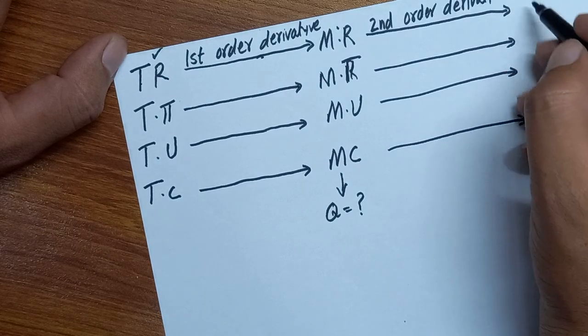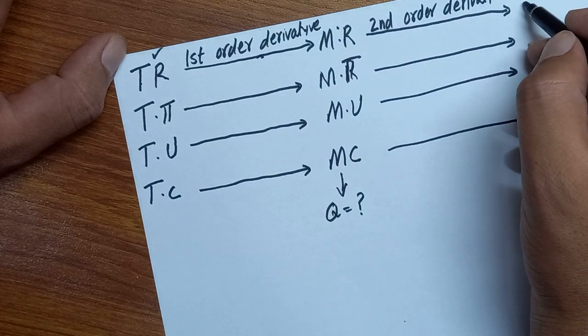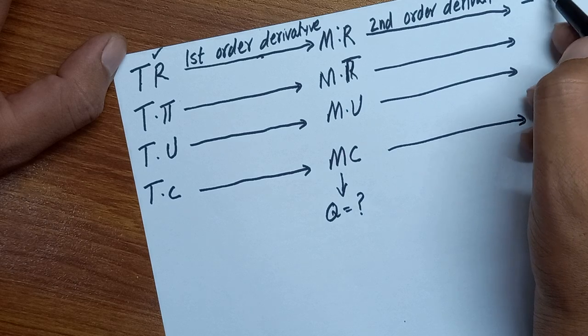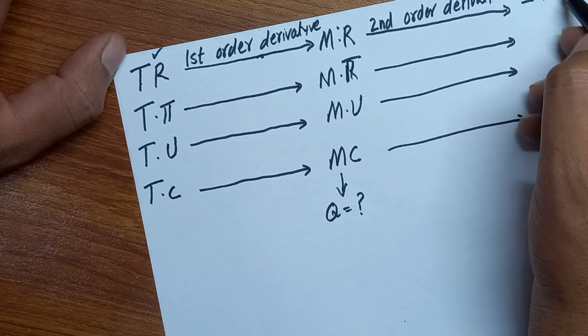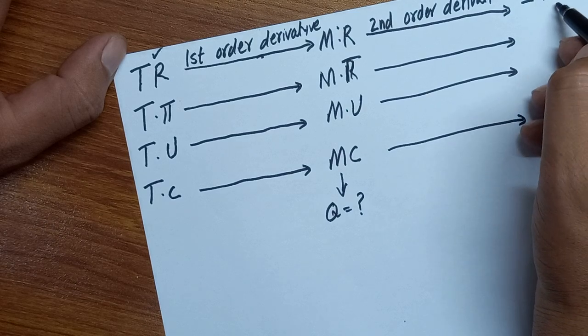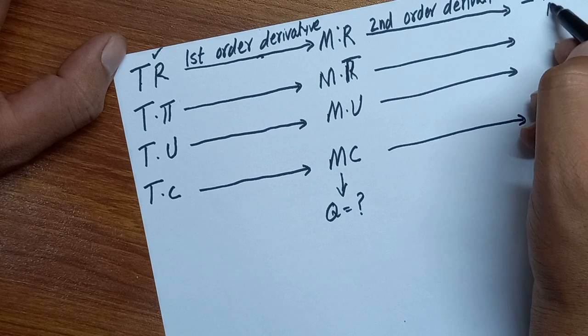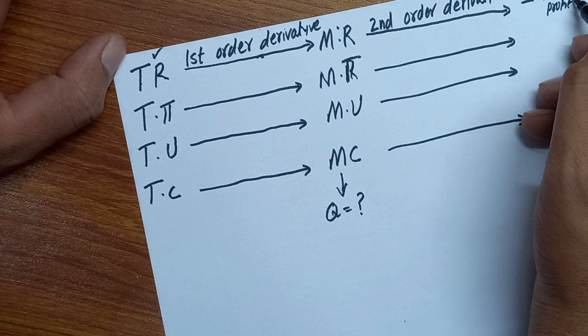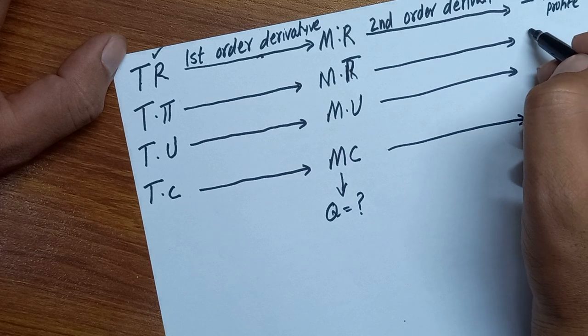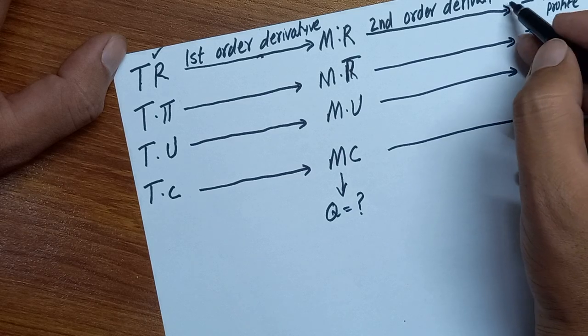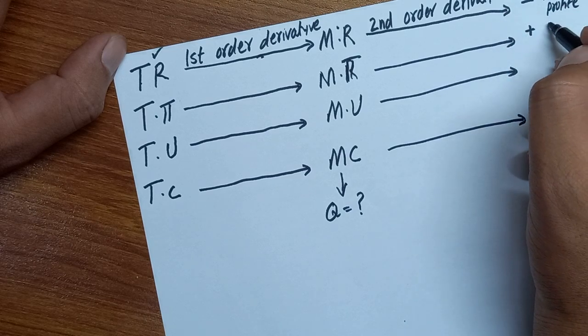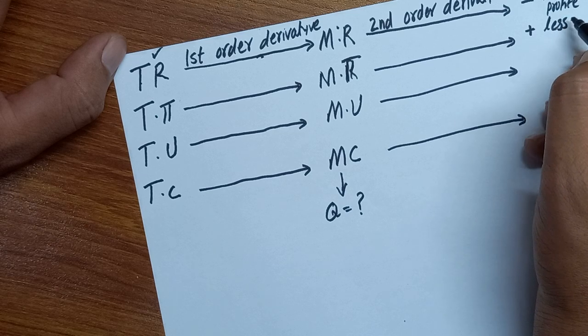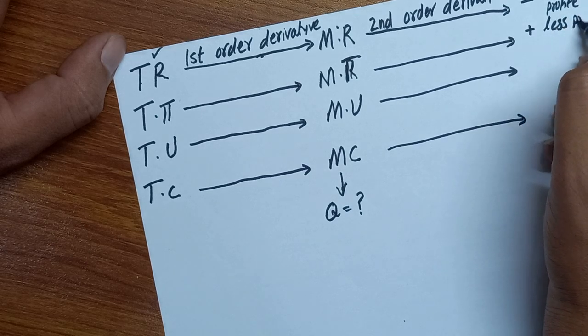And if we have a negative value, it means more revenue, more profit. And if the value is positive, it means less profit.